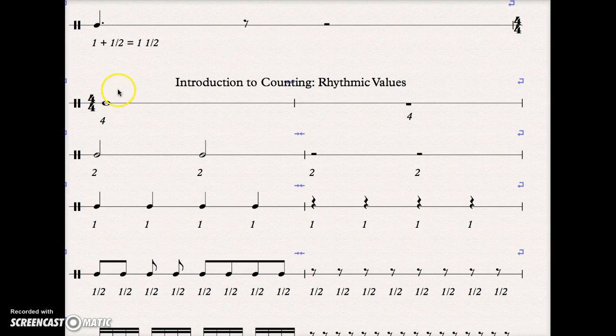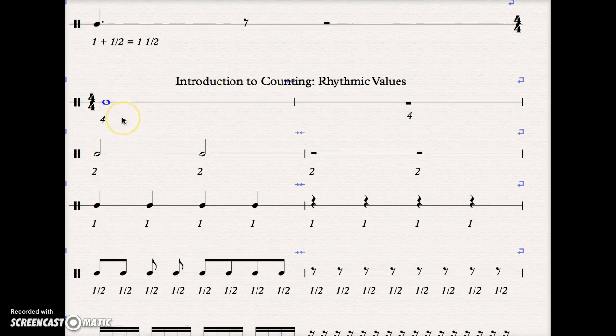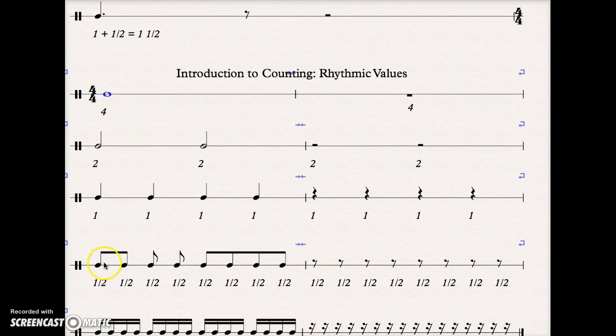We could keep going further with the whole note. Half of 4 would be 2, and a dotted whole note would equal 6. Or we could even go with the 8th note or 16th note and break it down that way. So that's all you need to know for the rhythmic values in order to start in on rhythm counting.